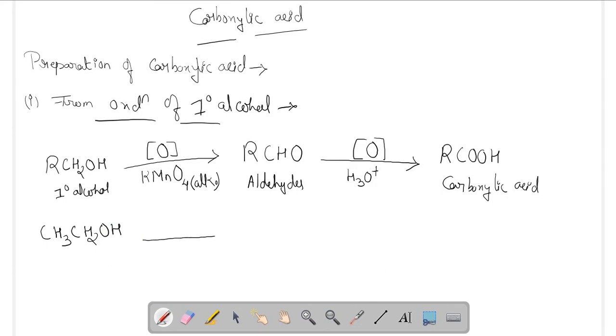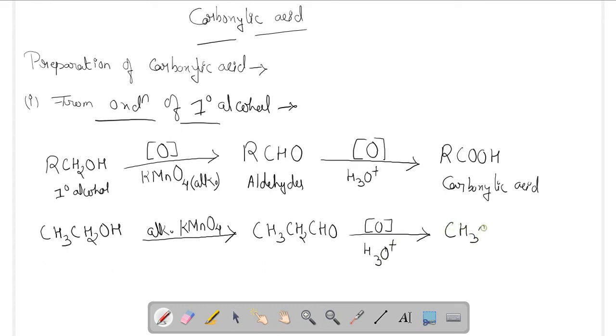It is first reacted with alkaline KMnO4, so it will produce CH3CH2CHO. On further oxidation and addition of hydronium ion, it will produce CH3CH2COOH, that is propanoic acid.